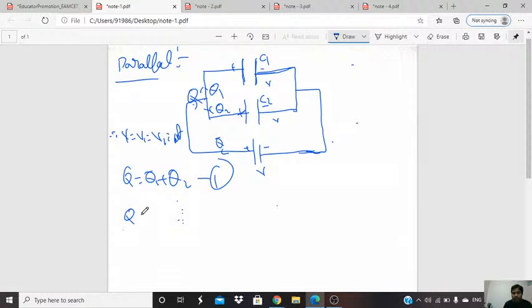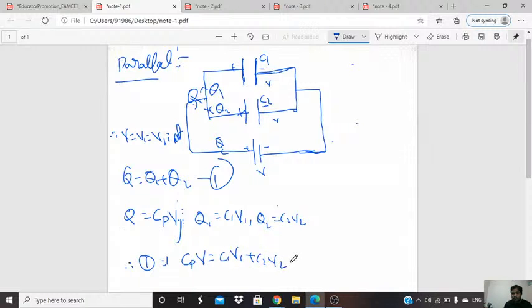So what is Q here? CV, that is in parallel. Q1 is C1 V1, Cp into V, Q2 is C2 V2. Substitute here. Cp into V equal to C1 V1 plus C2 V2.